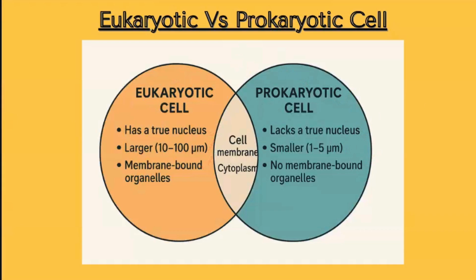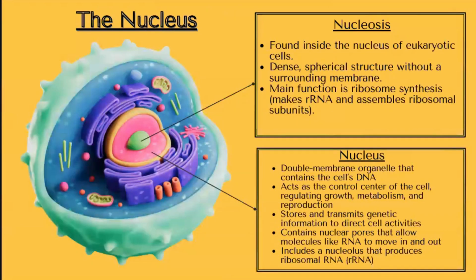So when we're talking about these specific organelles, we're talking about the different organelles within the eukaryotic cell. Now, let's dive into the nucleus. When we talk about the nucleus, we talk about this key structure right here, which is very spherical. And inside the nucleus, you'll have a little tiny spherical shape called the nucleolus.